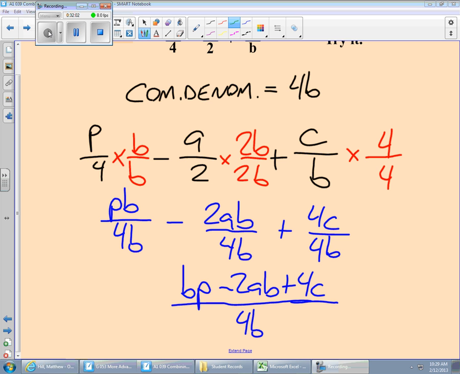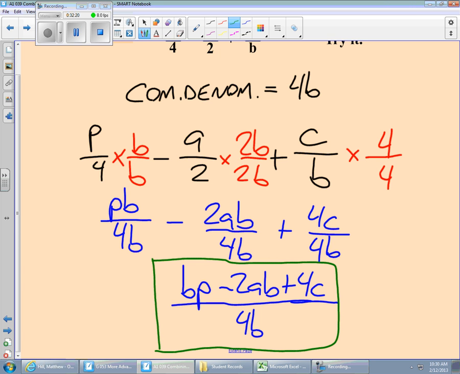We've got some p's, but the center term in the numerator doesn't have a p to give up. We've got some a's, but the lead term doesn't have an a. We've got c's, but we don't have c's all over the place. Looks like we're about as simple as we can get it. So that is as ugly as it is. That's our answer.